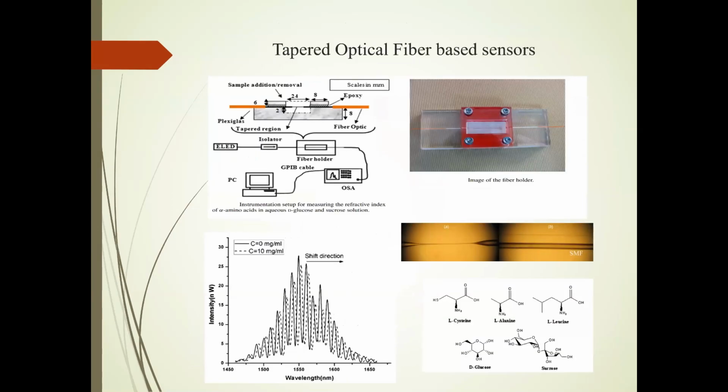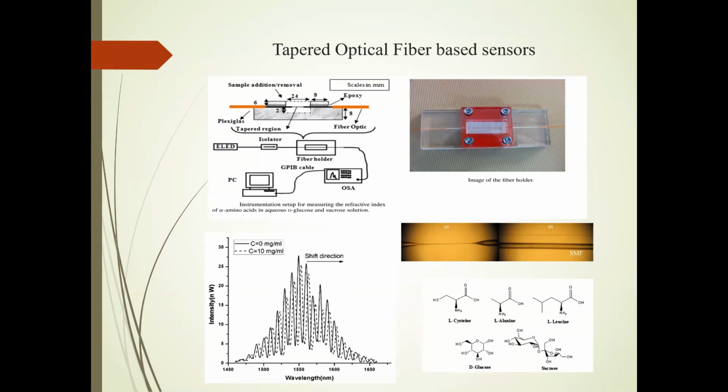The other thing we continuously did was developing some tapered optical fiber-based biosensors for the same purpose. In the yellow image in this slide, you can see the picture of a fiber optic, which is actually tapered. You see the narrow side of the fiber optic, which is produced by removing the upper layer of the fiber optic.